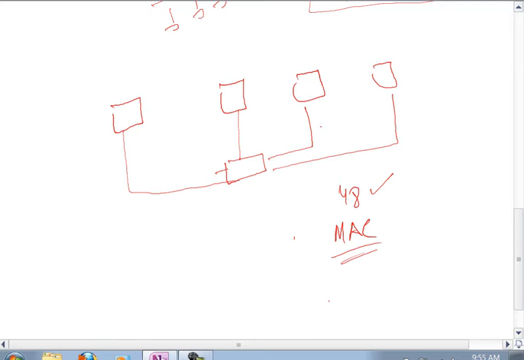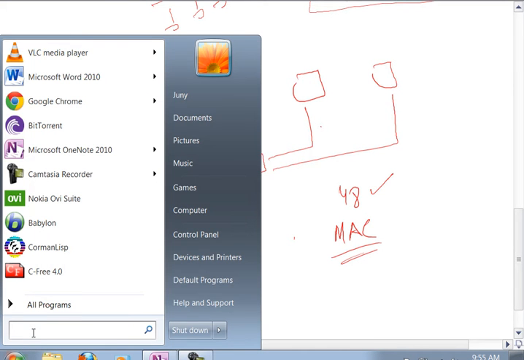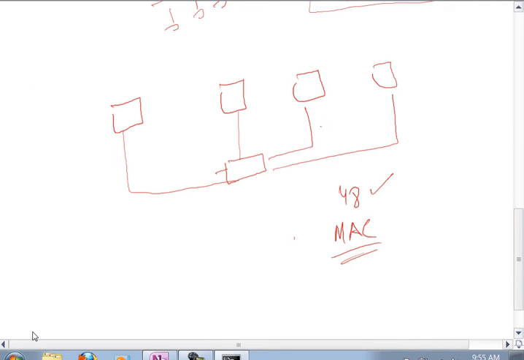Now if you want to see the MAC address of your device, you go to the start menu. You type CMD to get into the command prompt. Here we go.